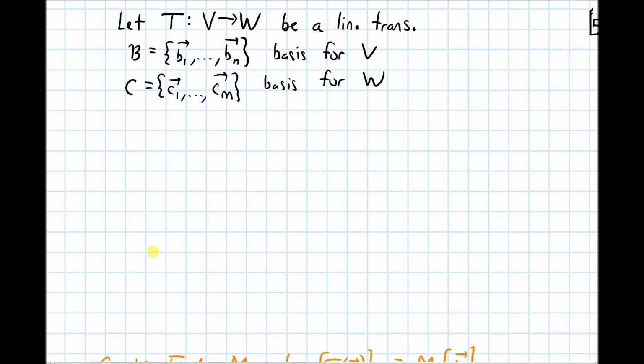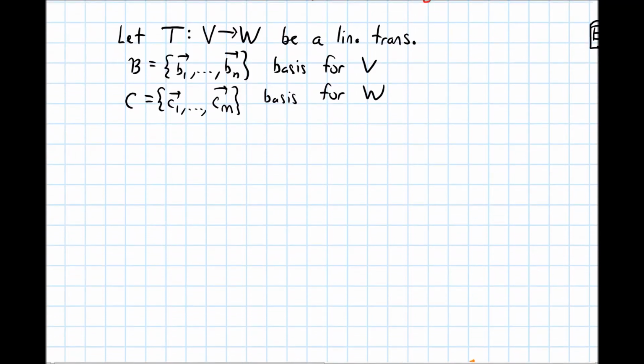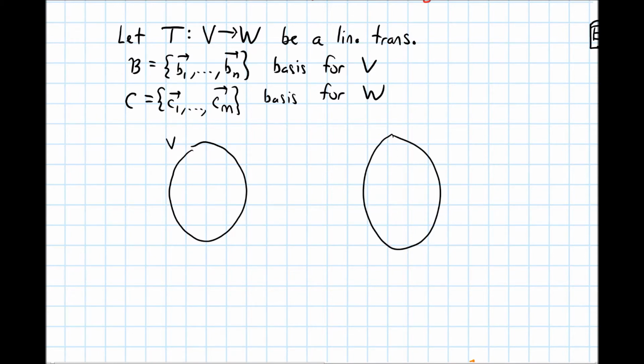Okay, so I want to give a visual picture for what we're about to do. Imagine that this oval represents V, and imagine that this oval represents W. Within V, we have some vector x. Now let's apply the transformation T to x.